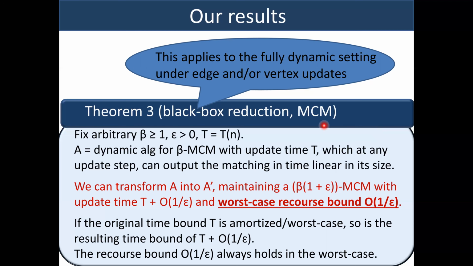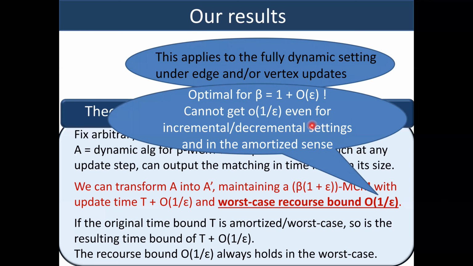And this is an optimal bound on the recourse bound when we are talking about an approximation factor of roughly 1 plus epsilon. So we show that if we would like to maintain a 1 plus epsilon approximate MCM, you cannot get asymptotically better than 1 over epsilon recourse bound, even for incremental or decremental settings, and even in the amortized sense.